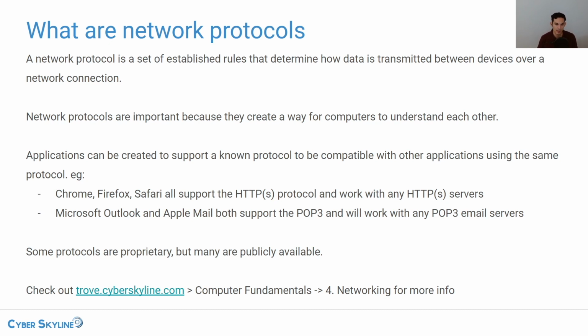It's important that it's standardized because if one computer is sending data in a different format or in a different sequence, then it becomes difficult or impossible for the other computer to understand what the communication's about. And so there are specifications which dictate how computers communicate with each other.